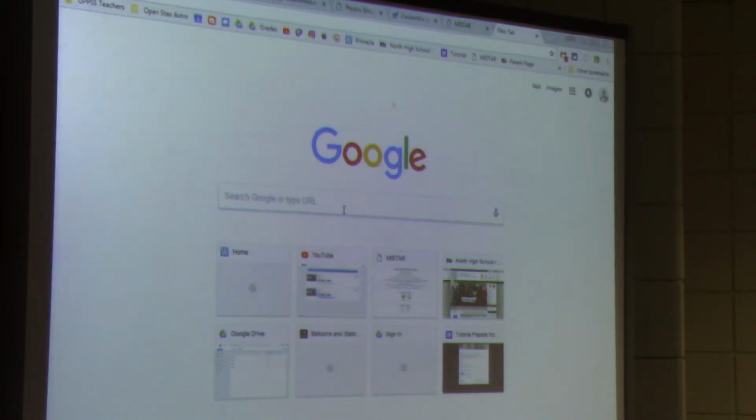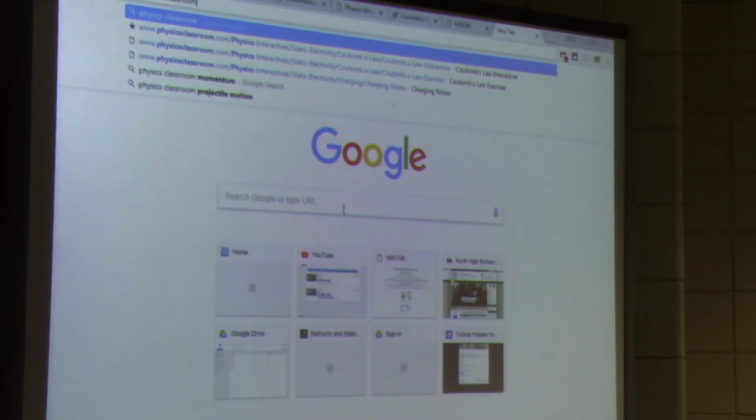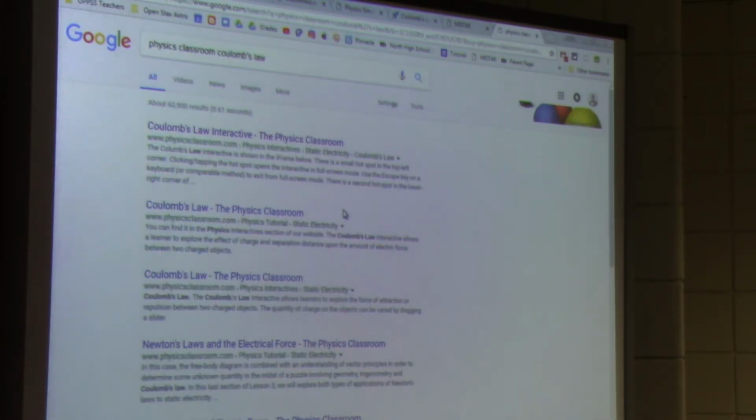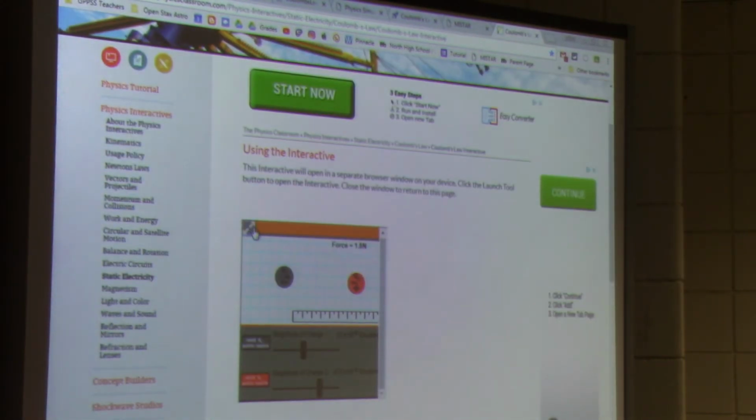Okay, so listen. I'm going to show you. You're going to do a Google search for Physics Classroom, Coulomb's Law, of course named after Mr. Coulomb. Open this up. There we go. In the top left-hand corner, you get this little simulation.